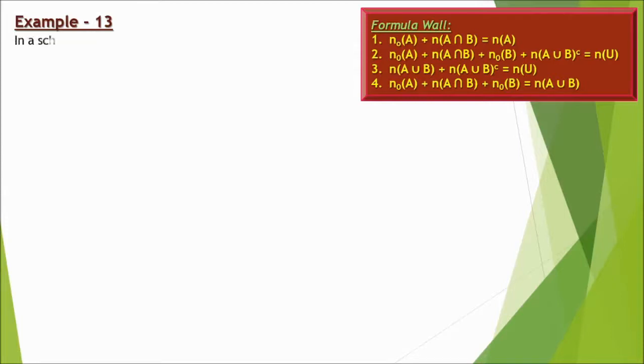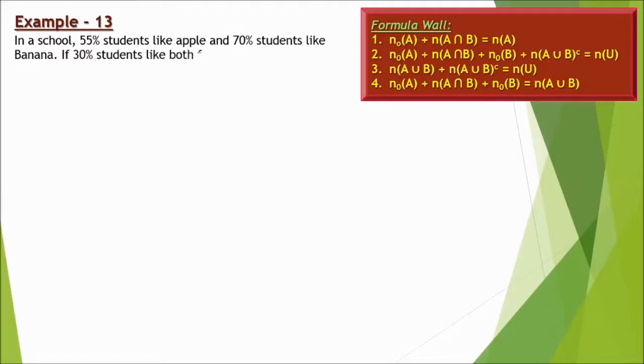It is based on percentage. Now there is an interesting thing about percentage. 55% like apple, 70% of students like banana, 30% like both, that is intersection, and then what percent of the students like apple only. We have to find it.